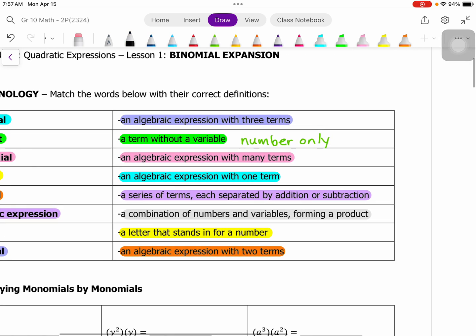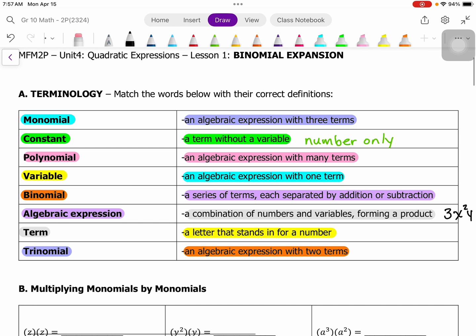So for example, we might have 3x squared y. So they're forming a product, which means they're being multiplied. There's no addition or subtraction there. We have also seen the word expression before. So algebraic, just talking about the fact that there are variables or letters in there. So an expression is a series of terms.